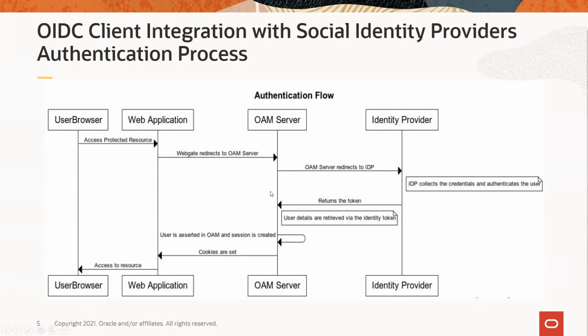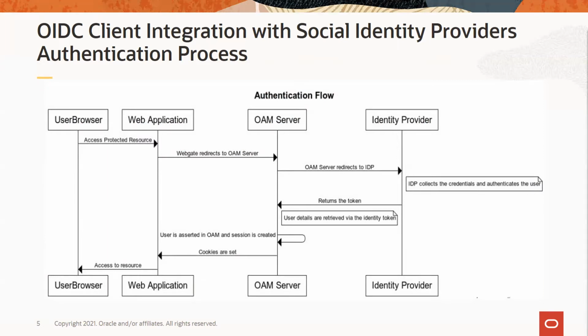And once the token is received at the OAM server, the details of the identity token are retrieved along with the user attribute, and the user is asserted at the OAM server. Then, after the necessary cookies are set, a session is created.